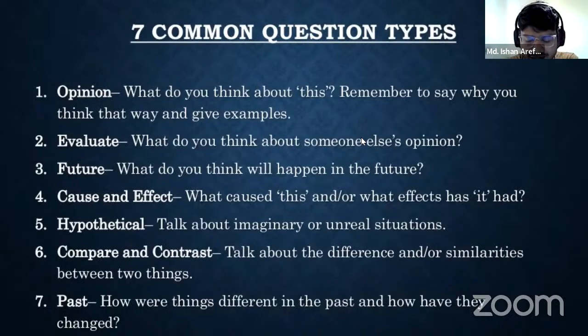As task 3 is descriptive and the answers have to be explanatory, there are 7 most common question types, but there is no guarantee that you will get a question from one of these types, but these are the most common. So you are most likely to get the questions from these categories. For example, they're opinion based, evaluation, future, cause and effect, hypothetical, compare and contrast, and the past.